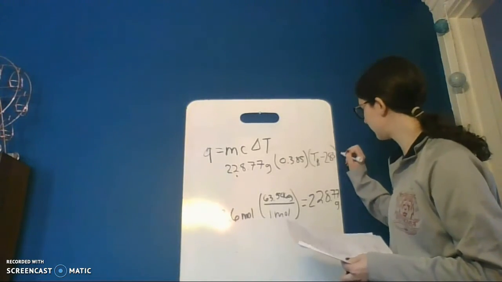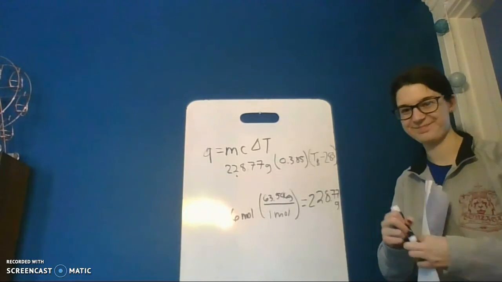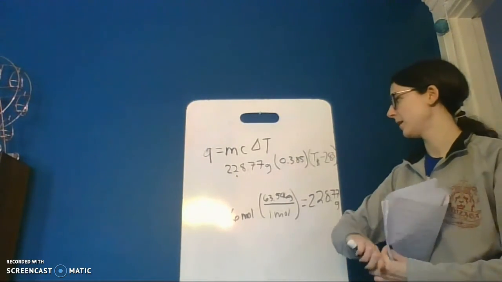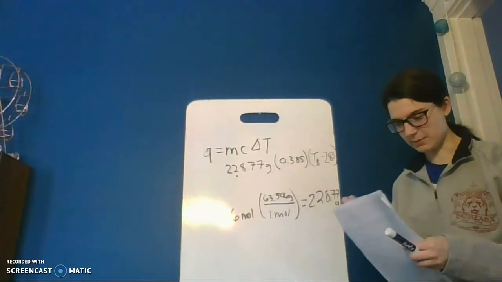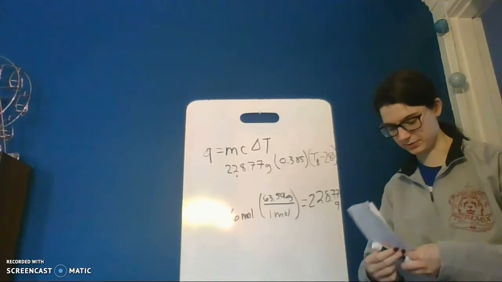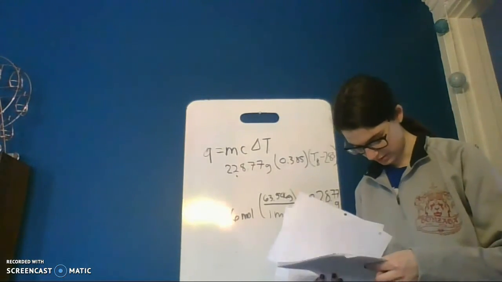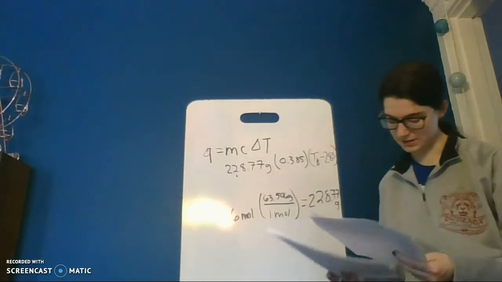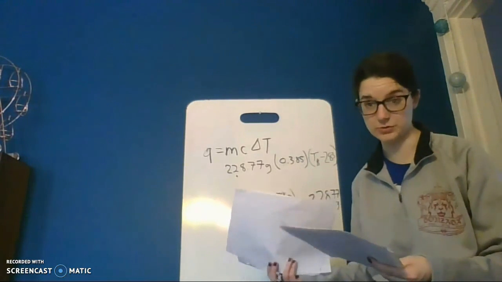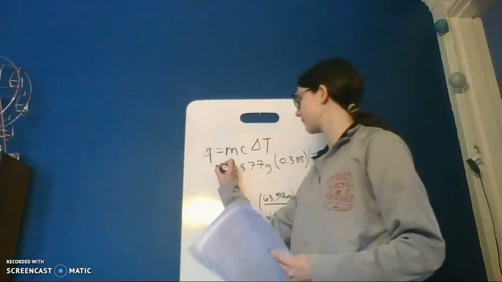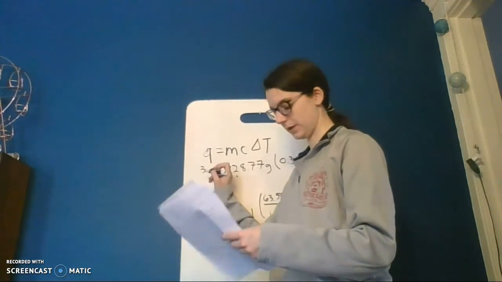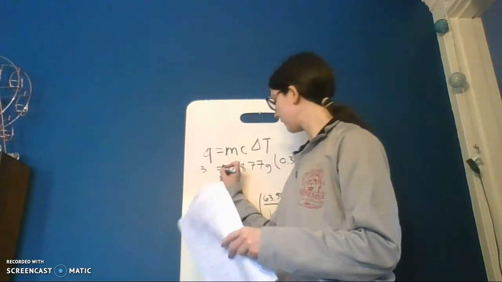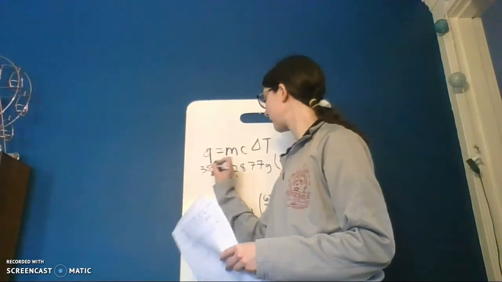And again, that's Kelvin, but I'm kind of out of room on my board. Okay. Then, if you look at the problem, it tells you the heat that was added. So it tells you that you added 353 joules of heat. So we can plug that in for Q over here, 353, and that's in joules.